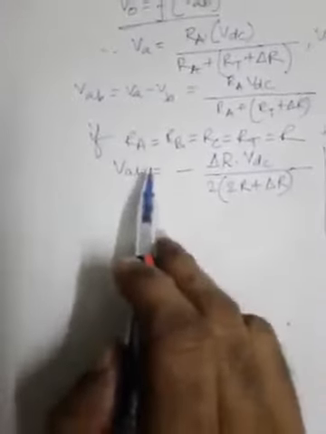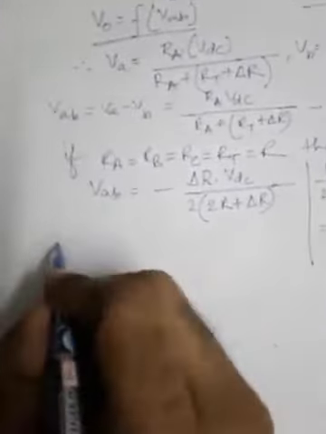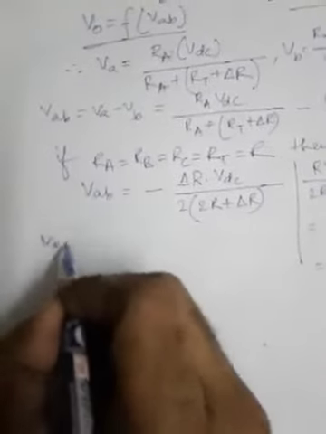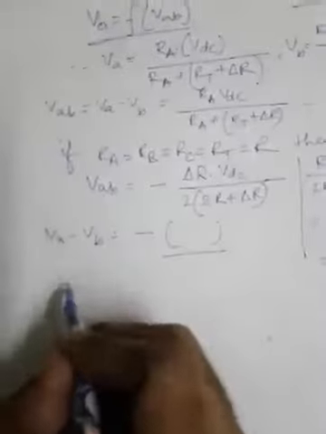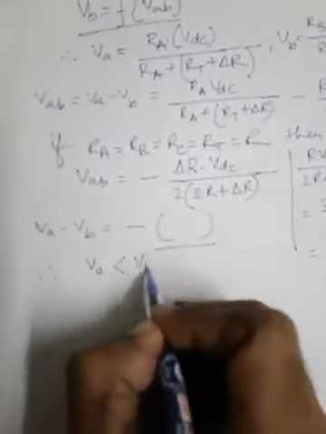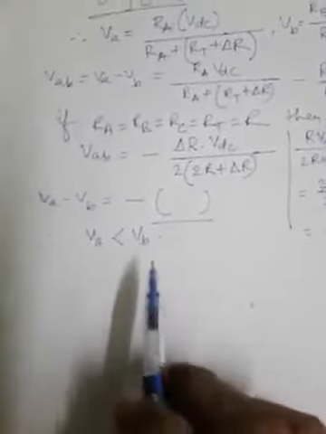Now the negative sign in this equation indicates that VA minus VB is a negative value. So from here we can say that VA is less than VB because of the increase in the value of RT.